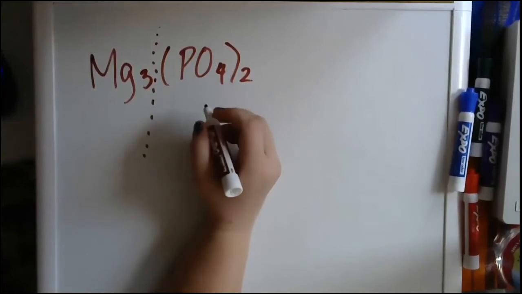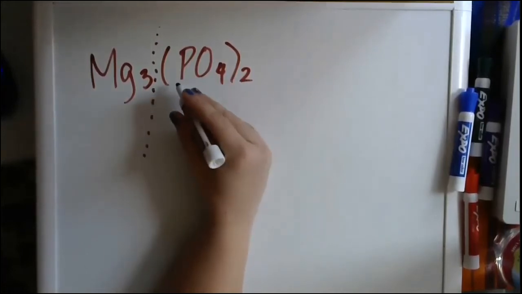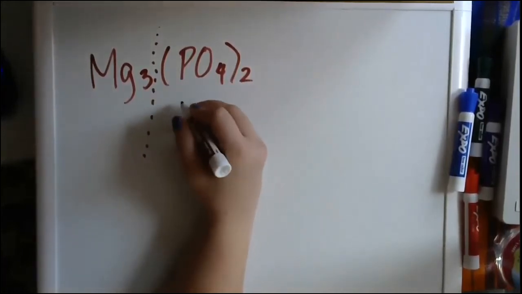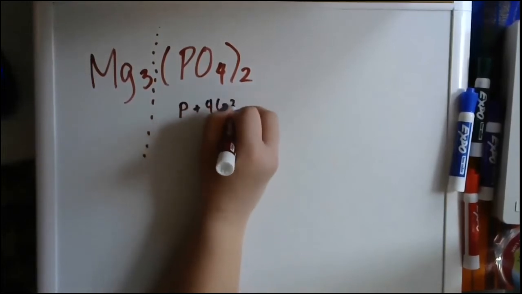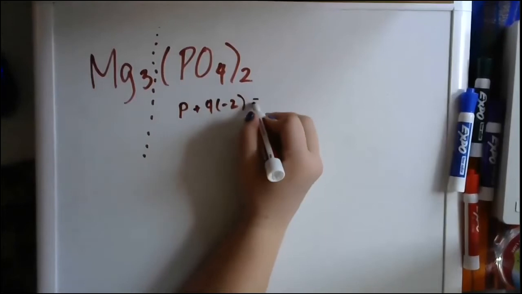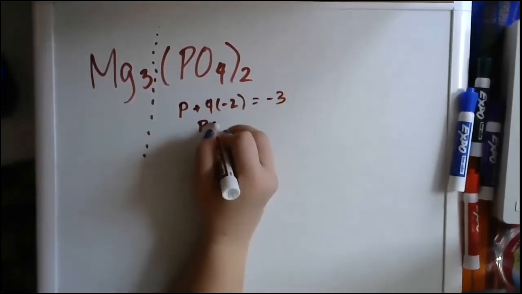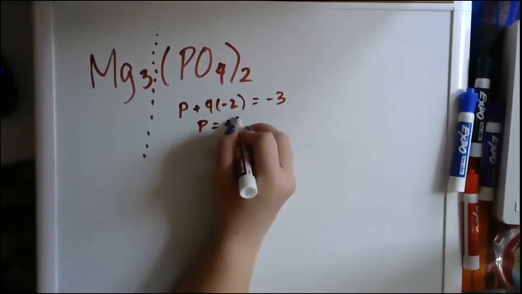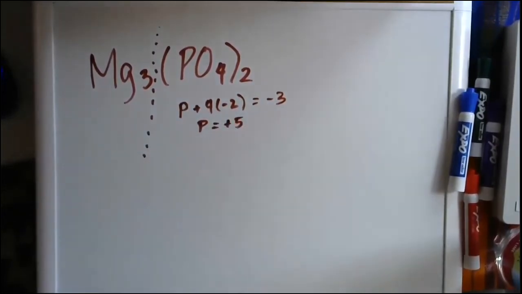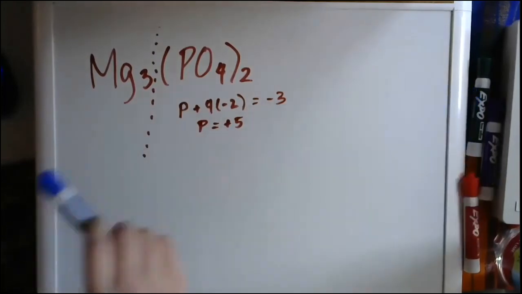And if we remember the process that we did before, we know that phosphate plus 4 times -2 is going to equal -3. And that phosphate's going to equal +5.